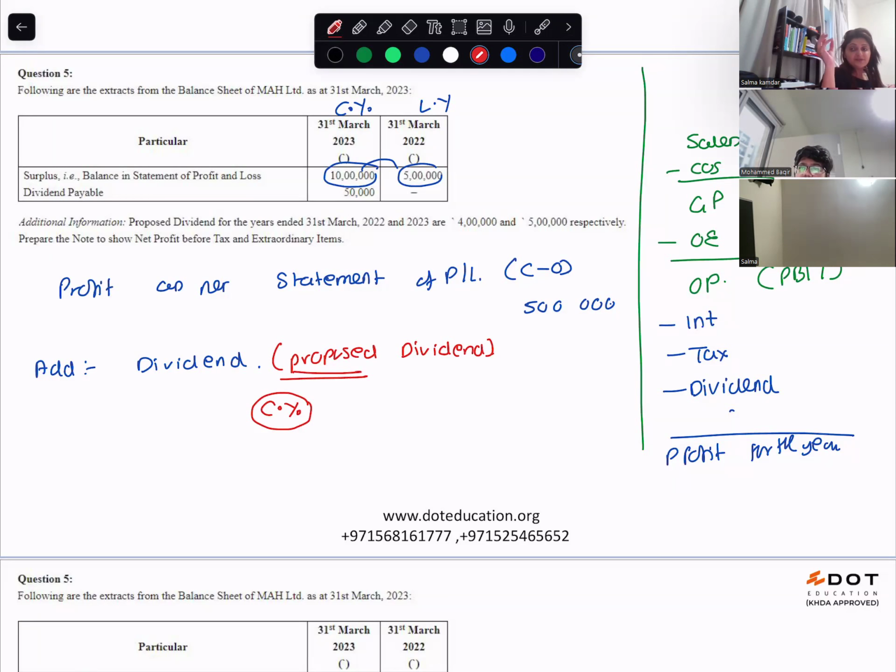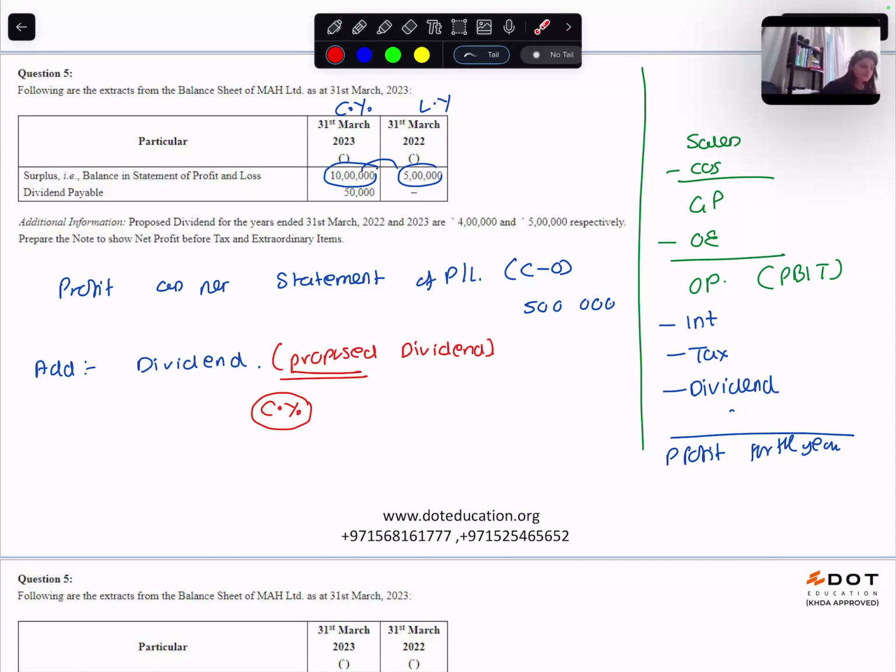The proposed dividend. Proposed dividend of which year? The current year. Okay. Your dividend payable is how much? It's 50,000. Proposed dividend for 22 and 23.